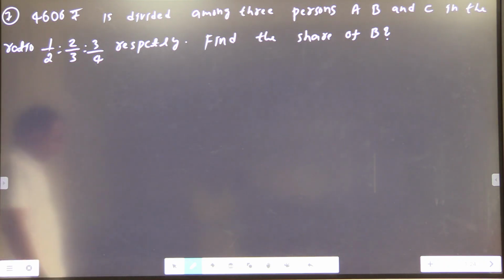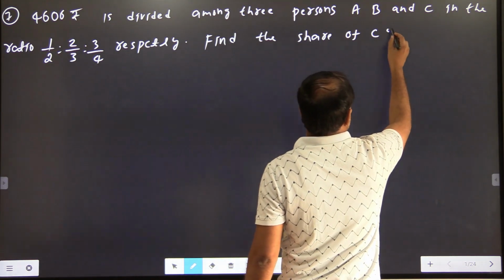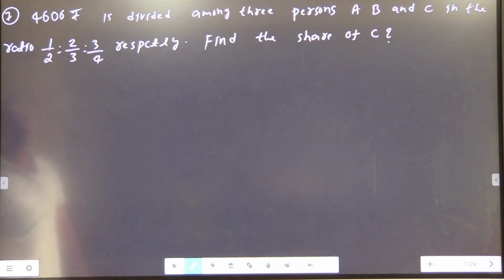Find the share of C. Find B's share. Find C's share. They can ask anything. It is the same question, and I'll give another question in the same process.